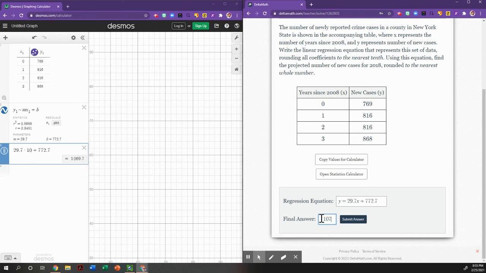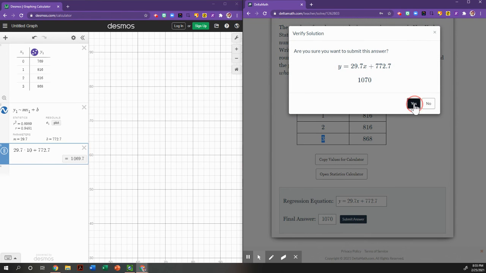So 1070. What I've done is that in the year 2018, I am projecting that there are going to be 1070 new cases, based on the data in 2008, 2009, 2010, and 2011. Submit my answer.